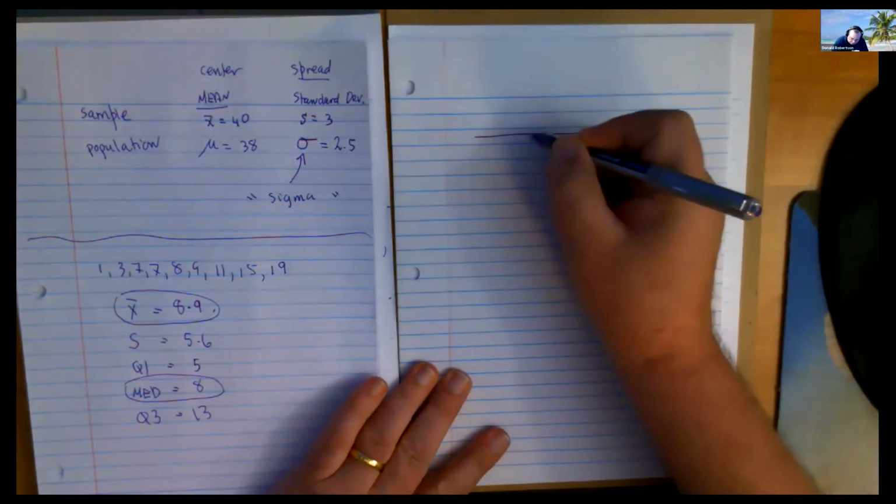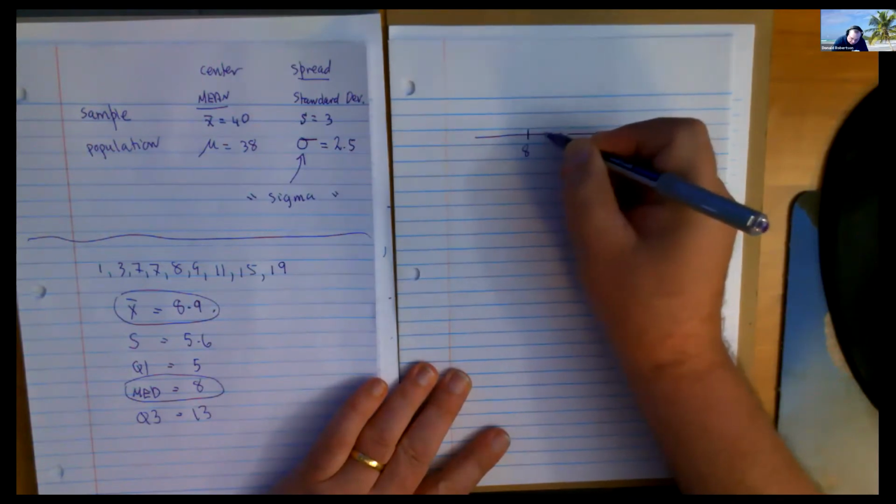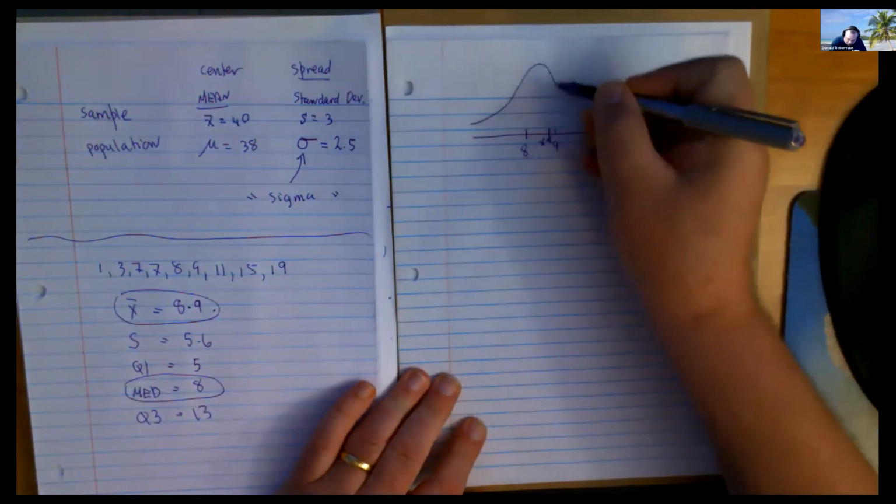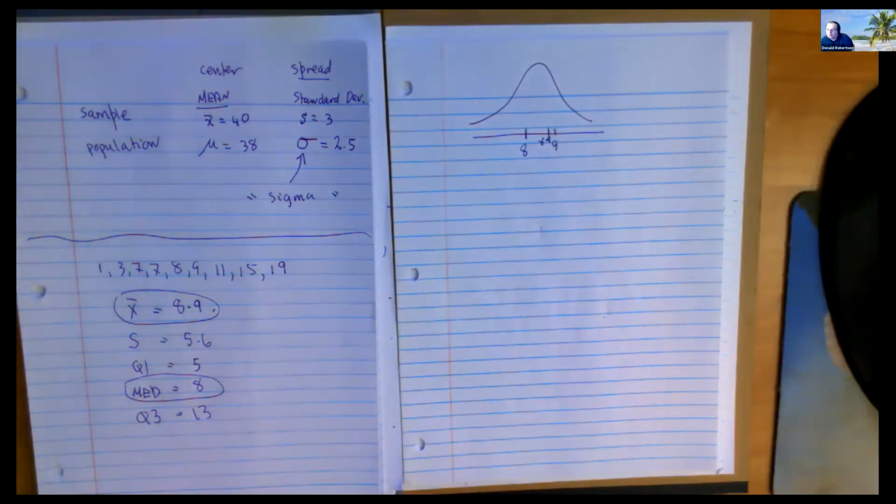So if I imagine my data, here is 8, here is 9, this is 8.9. There's a little bit of a judgment call here, but would you agree that 8 and 8.9 are pretty much the same kind of number? And when they're roughly equal, as they are here, won't you expect to see a symmetric distribution?